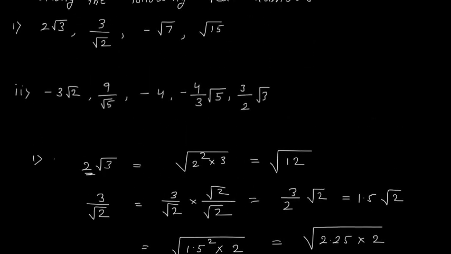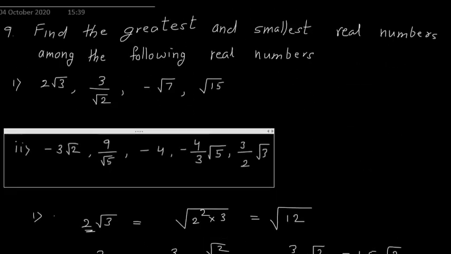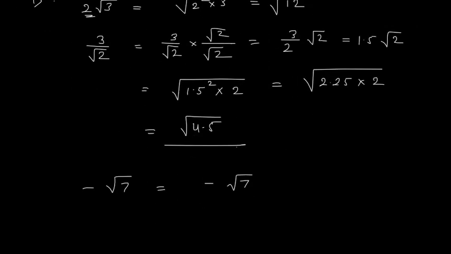Third term in this first question is minus root 7. So minus root 7 is minus root 7 only. And last term we have root 15. So root 15, I will write as root 15. This is perfectly in root.